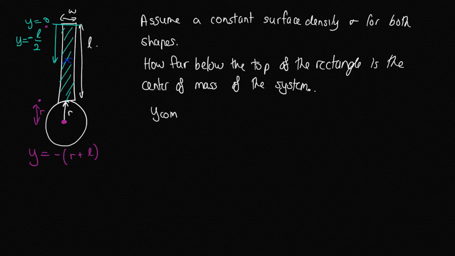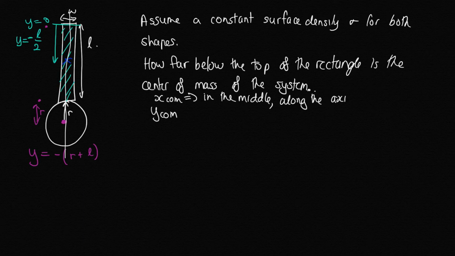The x is fairly trivial because these shapes are perfectly symmetric. In the x direction, it's just going to be in the middle, along the axis shown. So it's just for the y one that we need to do our calculation.